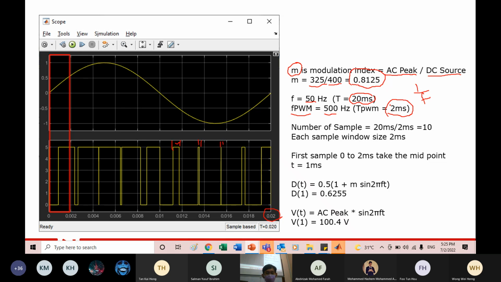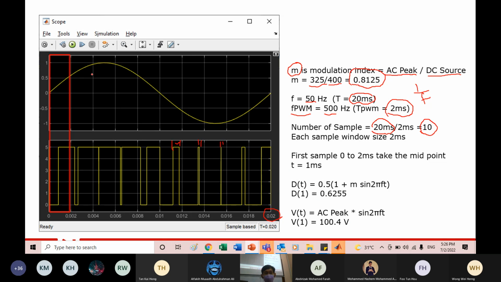These two are very important, because they tell you the number of samples you get. You see this one sine wave will produce 10 samples, because 20 milliseconds divided by 2 milliseconds gives you 10.